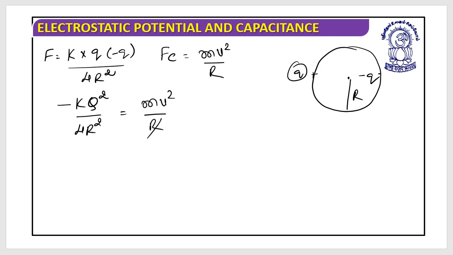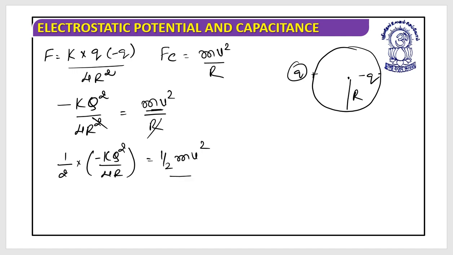Yes. So let's cut it out. The r has been cancelled out. Now what I require is kinetic energy, which is half mv square for a single charge. And at this present time I have mv square only. So let's multiply both sides by 1 by 2. So this is 1 by 2 minus kq square divided by 4r is equal to half into mv square.